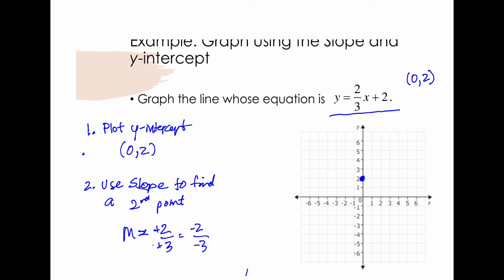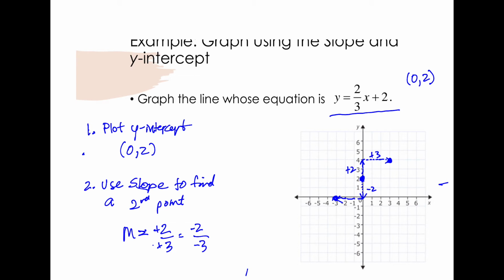I'm going to do both. But remember, the top number is your y, so we first go up and down. So for positive 2 over positive 3, I would go up 2. And then to the right, 3. And then I'm going to deposit another point. So up 2, to the right, 3. That's a 2 over 3 slope. If I go negative, that means down 2, and then to the left 3 in a negative direction.